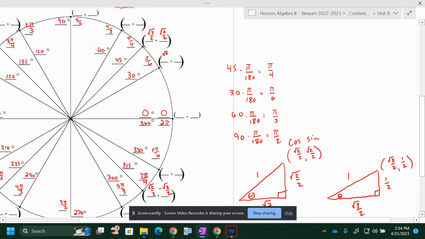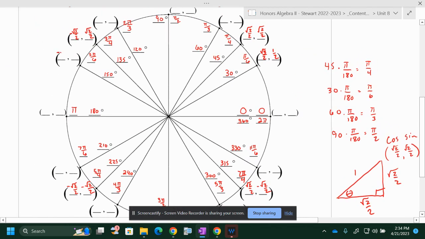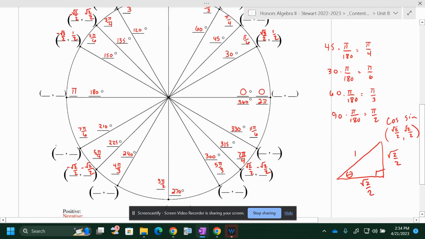Then negative square root 3 over 2, comma 1/2. Negative square root 3 over 2, negative 1/2. And square root 3 over 2, negative 1/2.